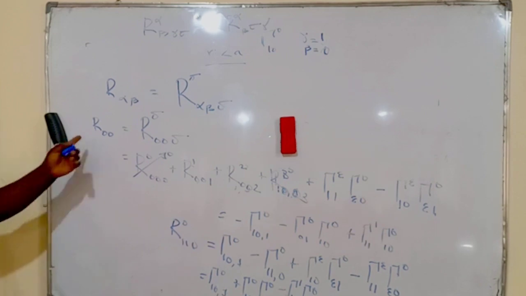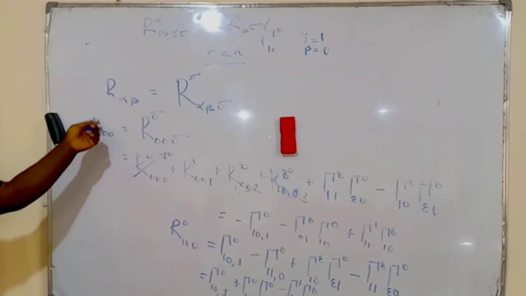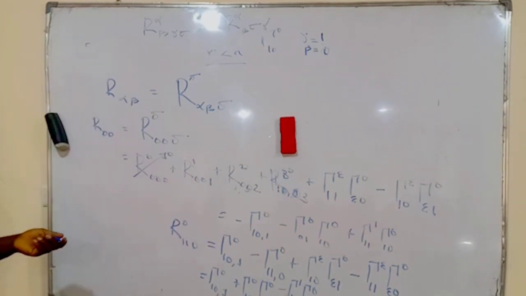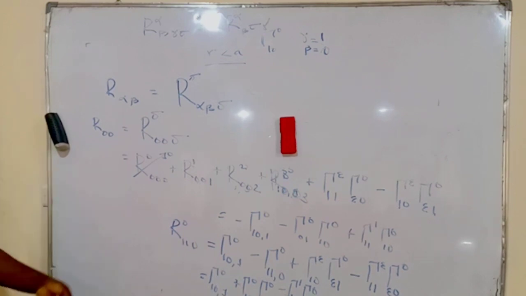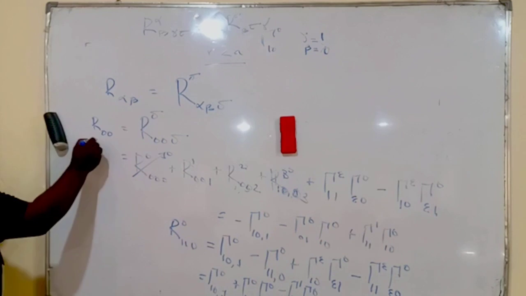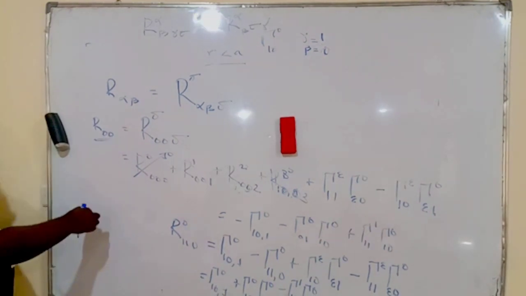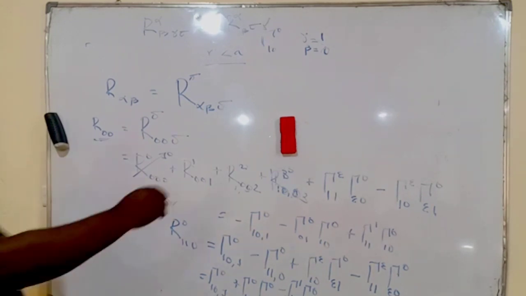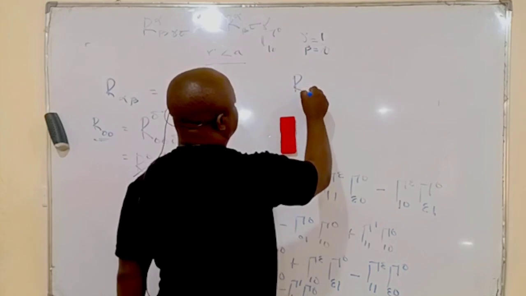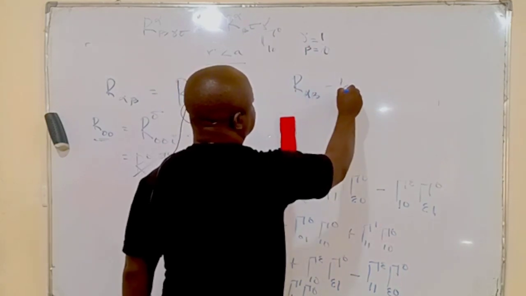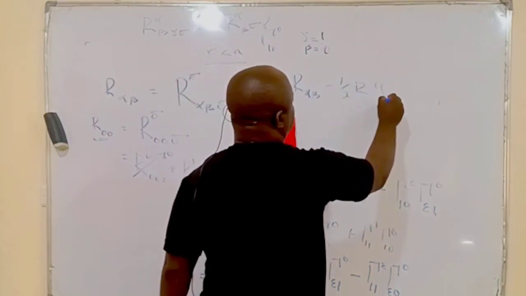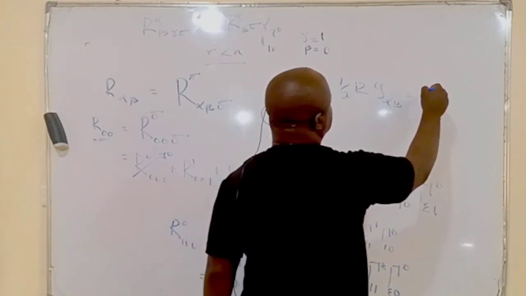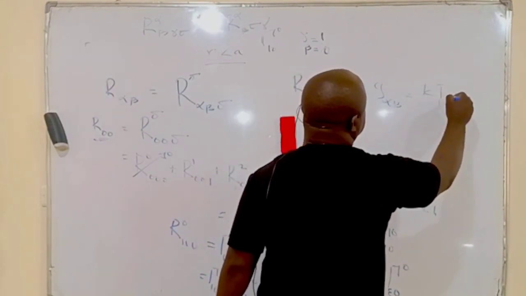So you check all of them for all the 16 and see the ones that will survive. The number of these that will survive will determine the number of field equations that will survive. Because your field equation is R alpha beta minus half R G alpha beta equal to a certain constant K T alpha beta.